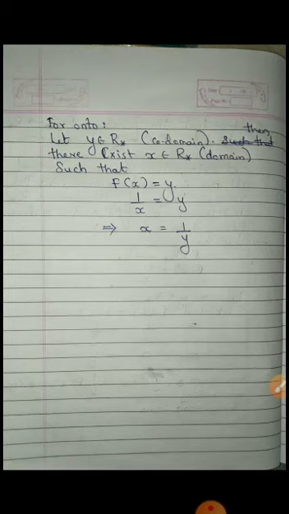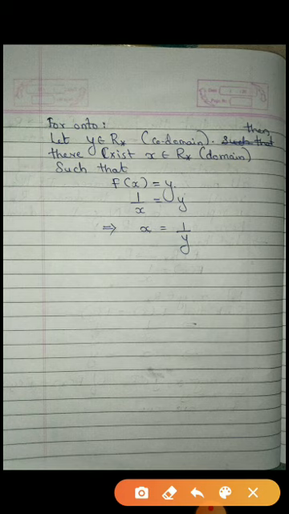After that, just apply the definition of f of x and then find the value of x. So f of x is 1 by x, I will be getting x as 1 by y. Your y was a non-zero real number, so can I say that 1 by y will also be a non-zero real number and hence it belongs to R star, and R star is nothing but your domain.